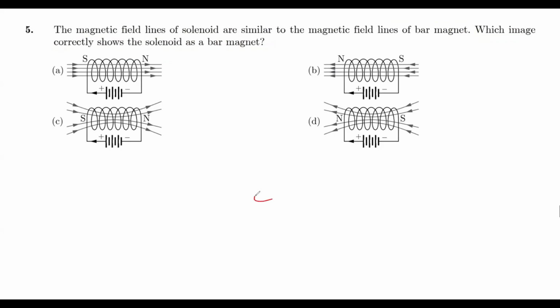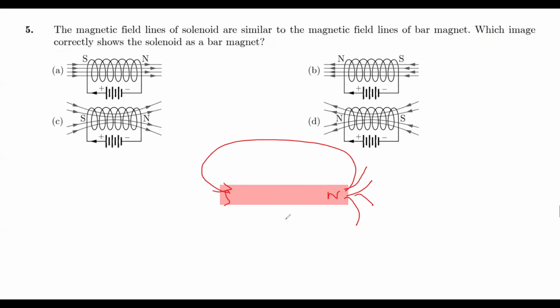Let's say this is a bar magnet. The magnetic field lines emerge from north and merge on the south, like this.